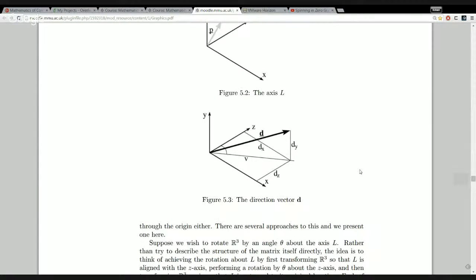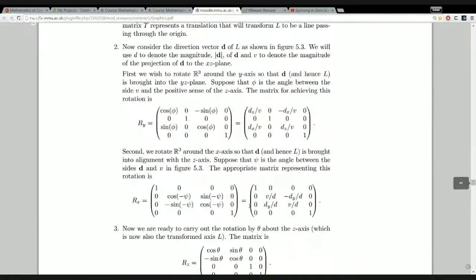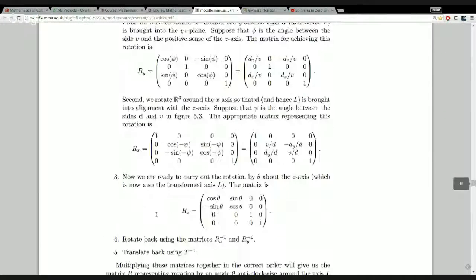At least for this one, the sines and cosines we can just form out of ratios of dx, dy, dz, and v. Where v is the length of the projection of d onto the xz plane, and the scalar quantity d here is just the magnitude of the vector. So we can form ry and rx carefully. Then we form rz.